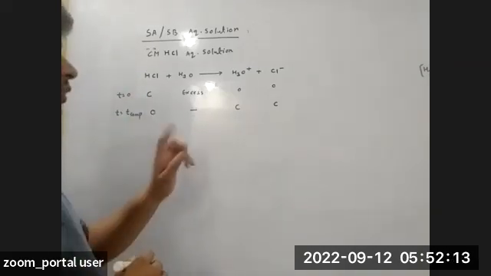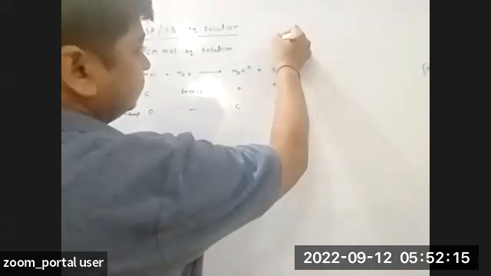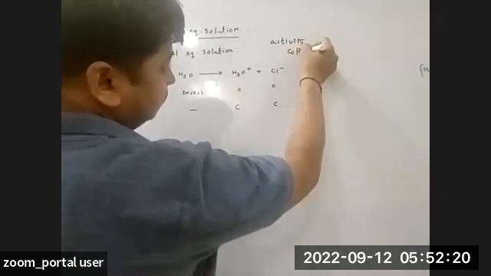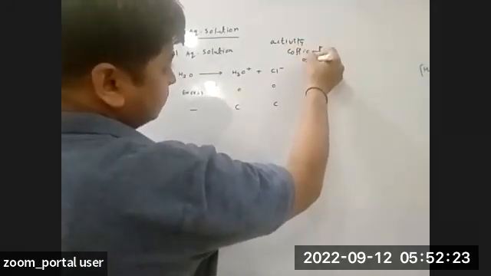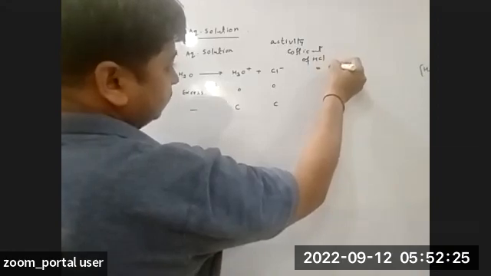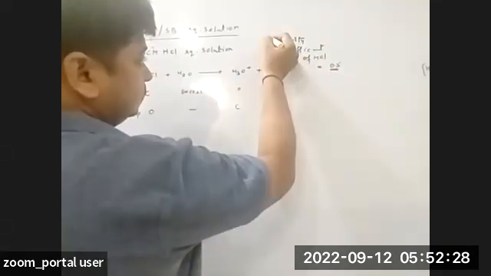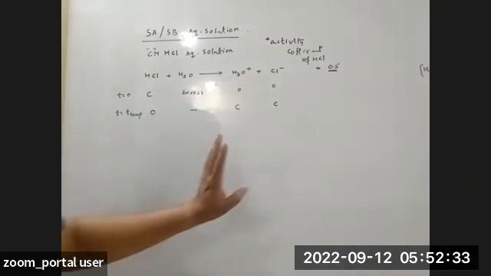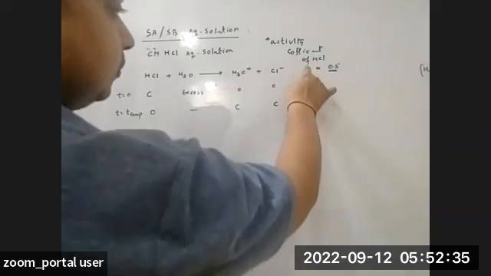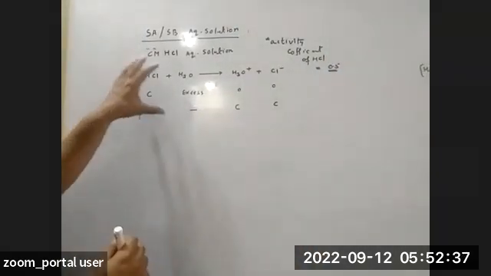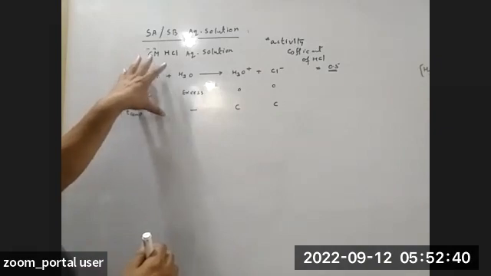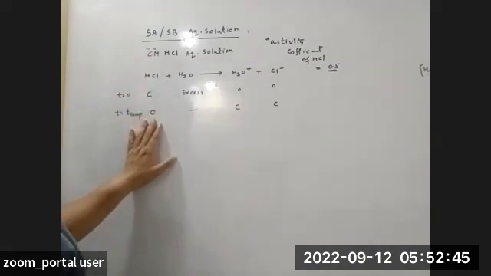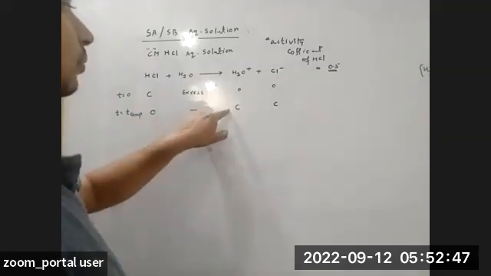Sometimes JE may give you activity coefficient. Just remember this thing. If activity coefficient of HCl is given as 0.5, then it should produce H3O plus.